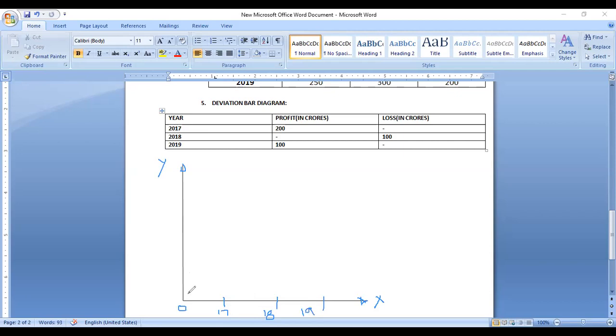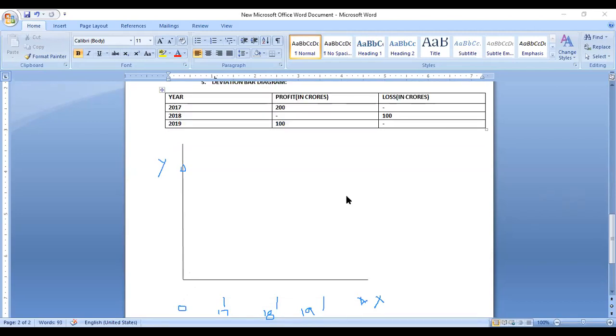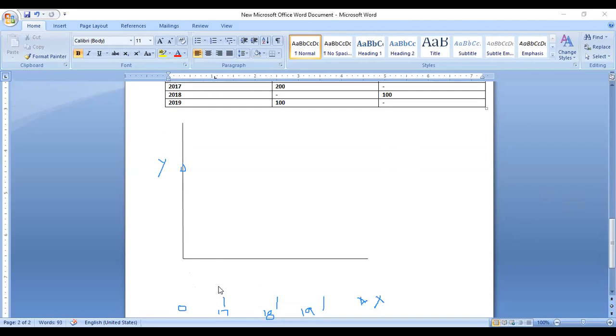So here we want deviations also to be shown there.